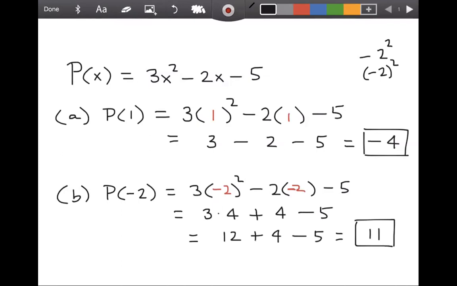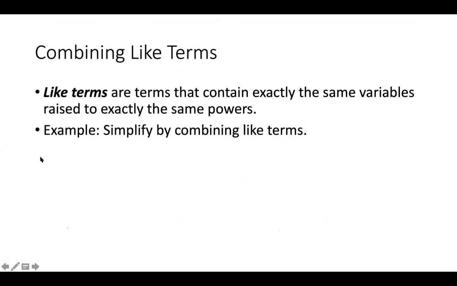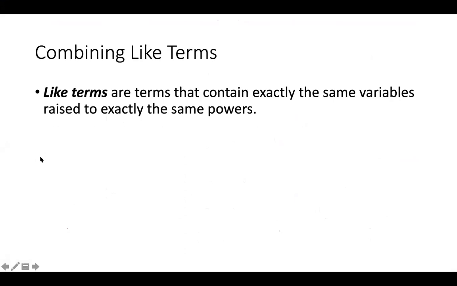All right, let's go back to the presentation. Let's see. So next we have combining like terms. When we talk about like terms, we're talking about terms that contain exactly the same variables raised to exactly the same powers.